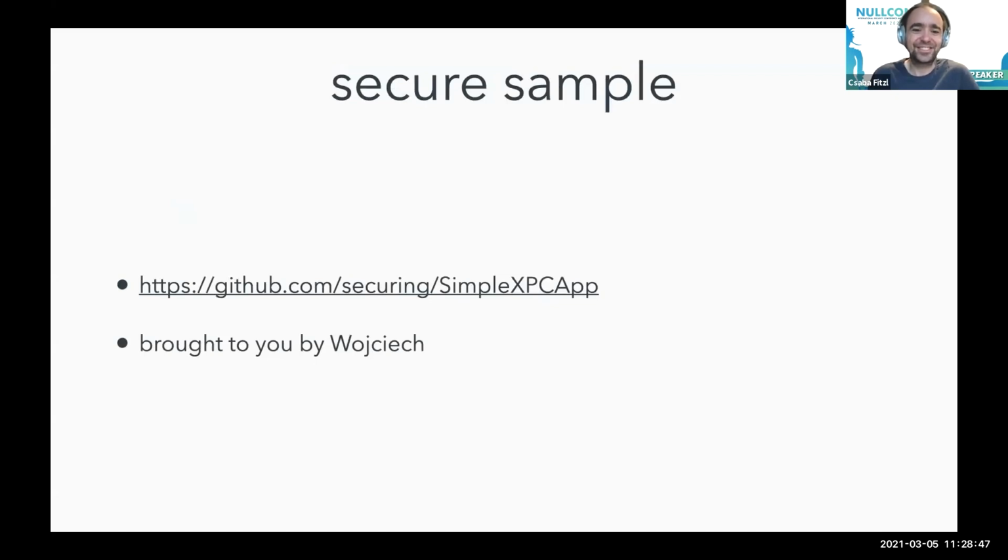Wojciech made a simple XPC app, which is demonstrating how to do XPC in a secure way. So it has all the right checks, and if you are a developer, we highly recommend checking this out.